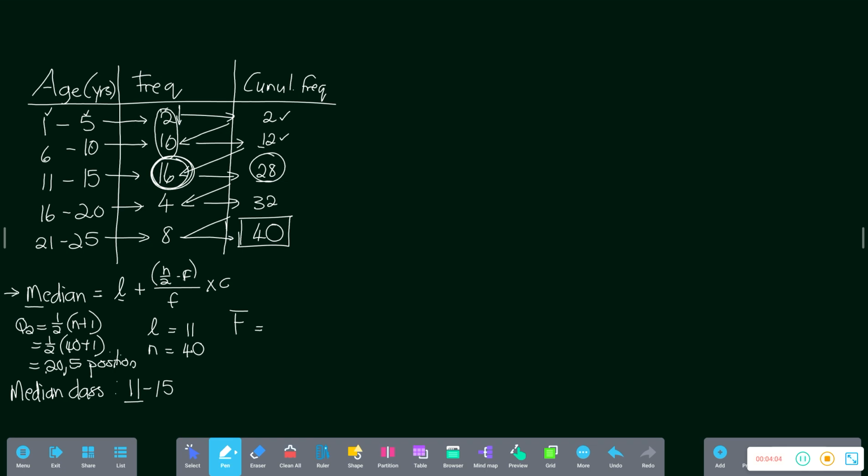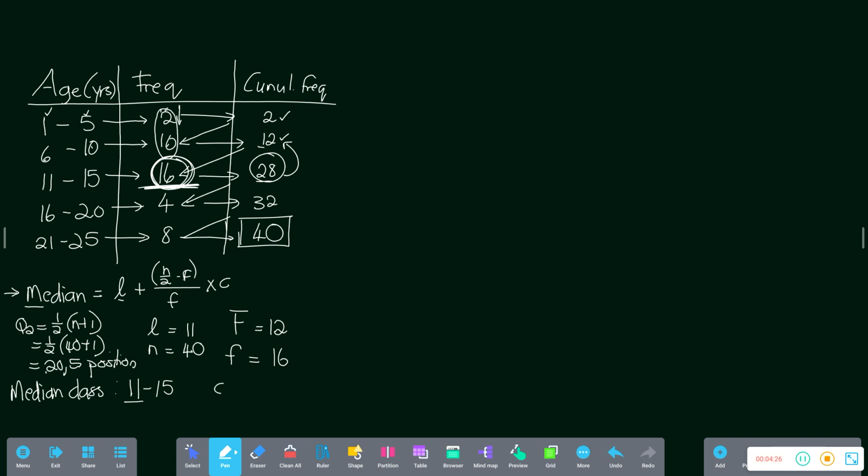So the cumulative frequency just directly above my median class happens to be 12. And then the small f is the frequency of the median interval. It's this frequency over here, which is 16.